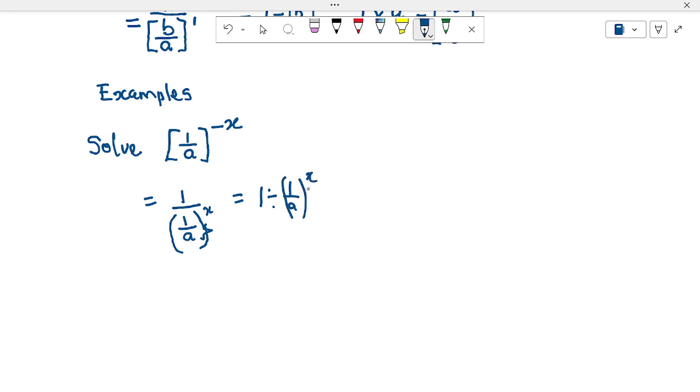Which is the same thing as 1 times, this somersaults, a all over 1 raised to power x. A times 1 is a all over 1 raised to power x, and a divided by 1 gives us a raised to power x.